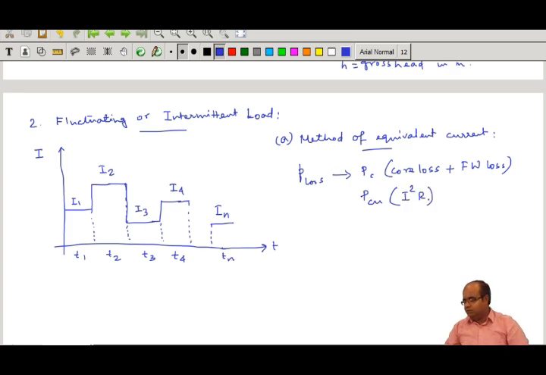Okay. Now constant loss will not depend upon the load, but copper loss will vary according to the load characteristics.